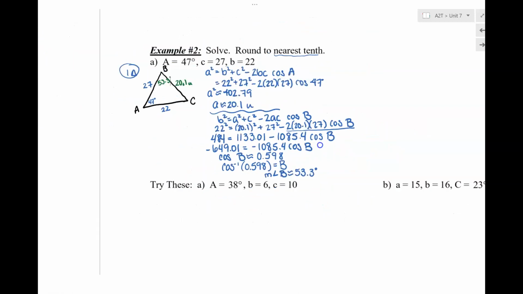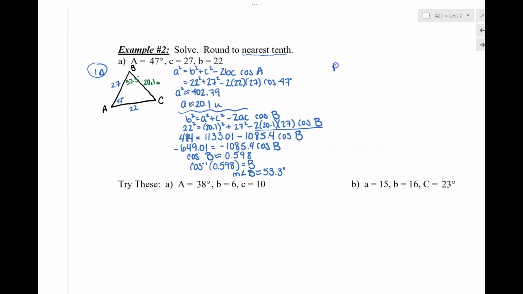The measure of angle C is going to be approximately 180 minus 47 degrees plus 53.3 degrees. I say approximately because we're using 53.3, which is an approximate angle. We had to approximate that. So we get approximately 79.7 degrees.